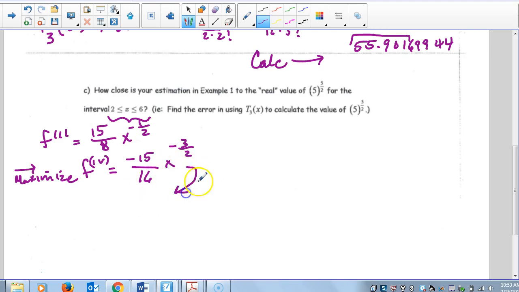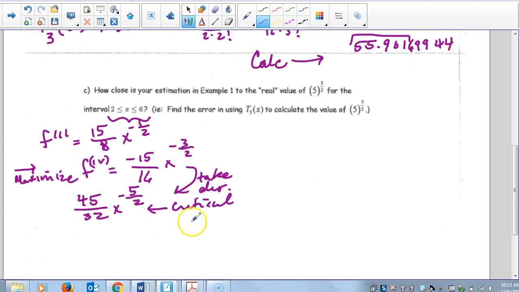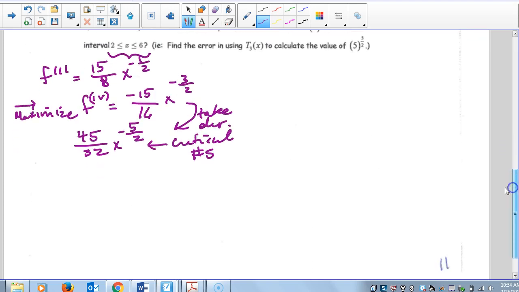So we're going to take the derivative. And this is so I know what to plug into my formula. So now I've got 45 over 32 x to the negative 5/2. I'm going to find critical numbers for this. And we're looking for the maximum value on that interval.